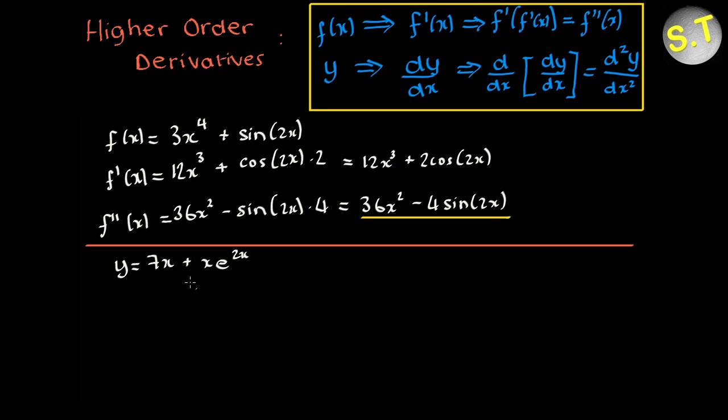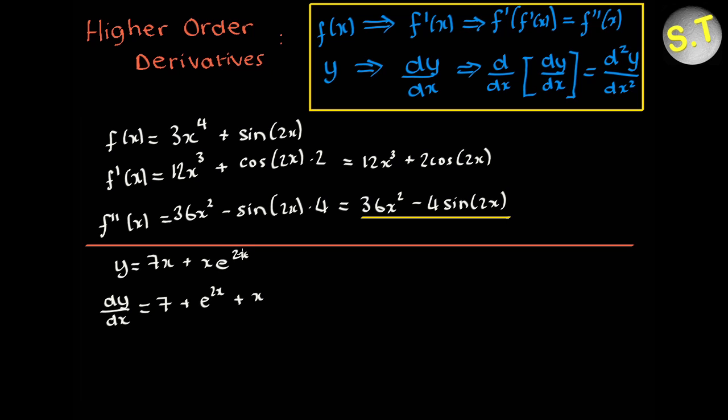And using the rules in the previous videos, we know that dy by dx can be given by the derivative of 7x, which is 7, plus the derivative of x e to the 2x. So using the product rule, we can take the derivative of the first part and leave the second part alone. So the derivative of x is just 1, so it'll just be e to the 2x, plus leave the first part alone and take the derivative of the second part.